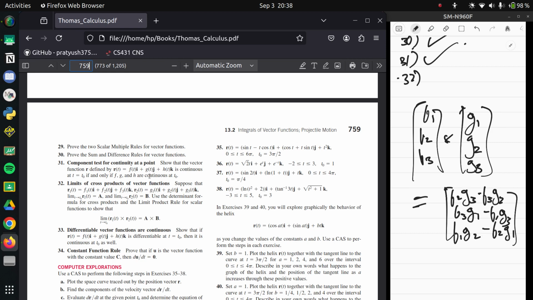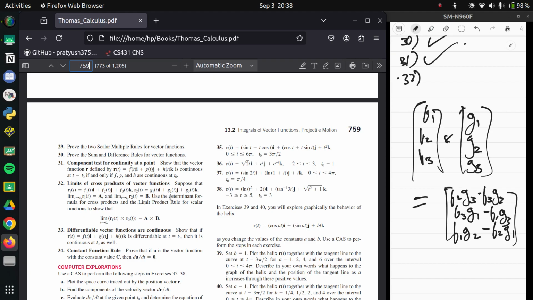So the thing was using epsilon delta definition. So since R is converging to A, we can use the thing that we just proved previously and say that F1, F2 and F3, all of these are converging to A1, A2, A3, where these are the coordinates of A. Yeah, and similarly G1, G2, G3 are converging to B1, B2, B3.